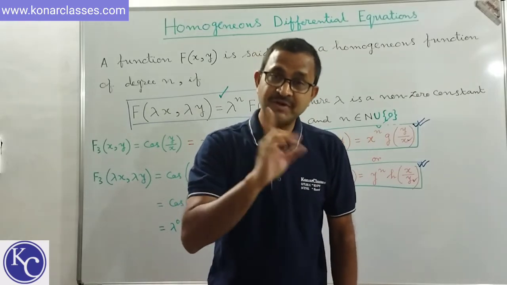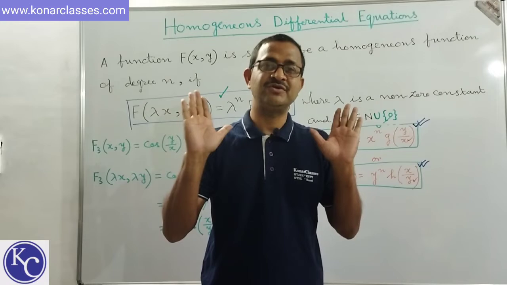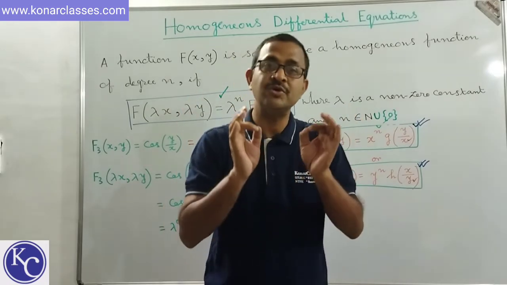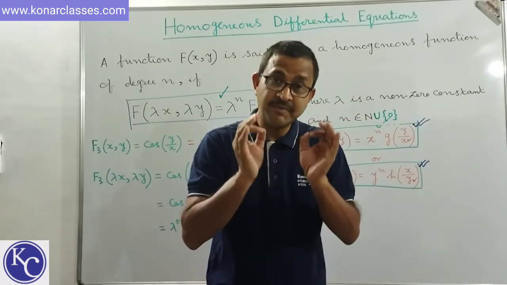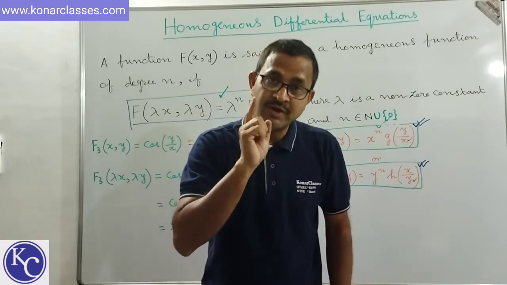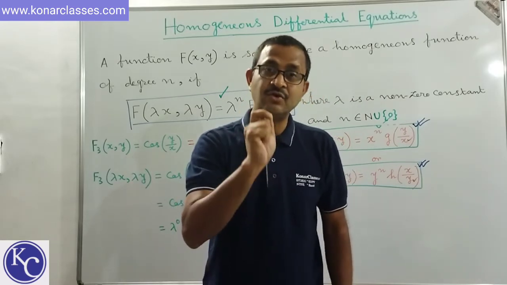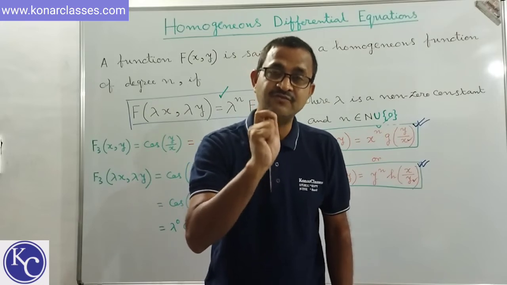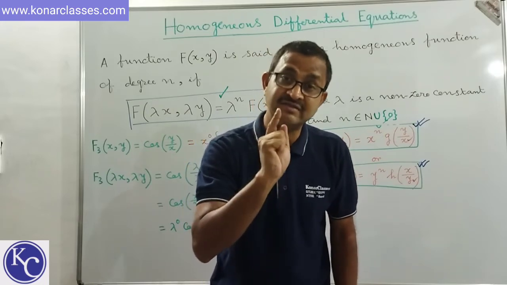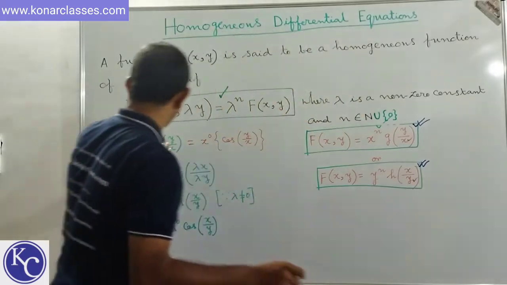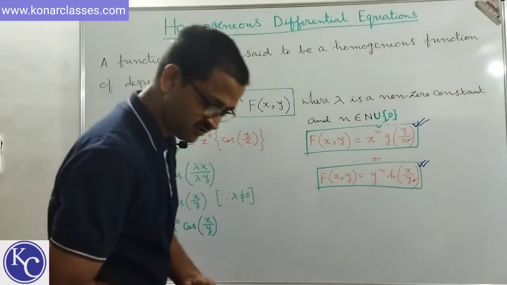If it is not of degree 0, it is not a homogeneous differential equation and we are not going to find a solution for it. I repeat once more: when we are discussing homogeneous differential equation, the concerned homogeneous function has to be a homogeneous function of degree 0. Like this kind of function, not the previous two functions.